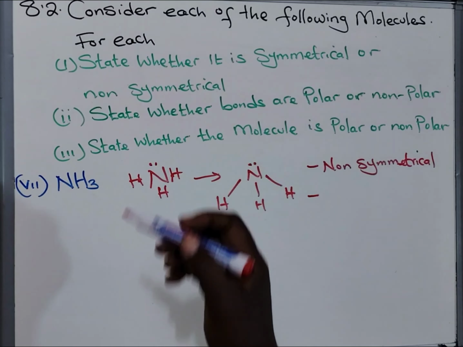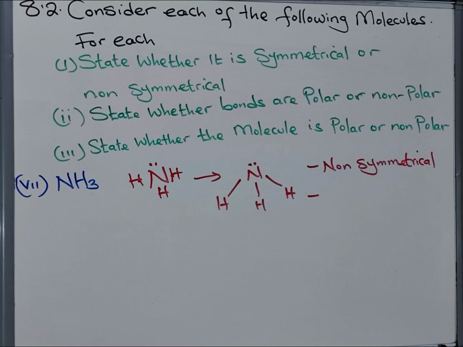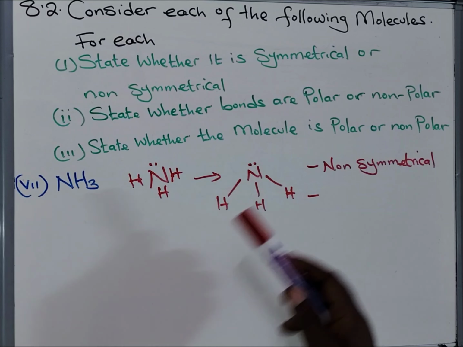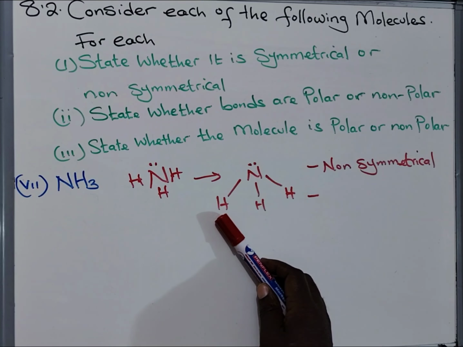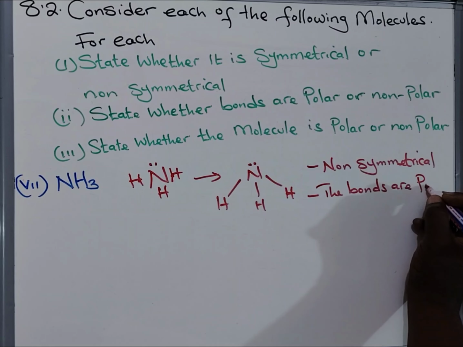Then we come to bonds. Are they polar or non-polar? The bonds are here, between nitrogen and hydrogen. These are 2 different atoms having different electronegativities. So the bonds are polar.